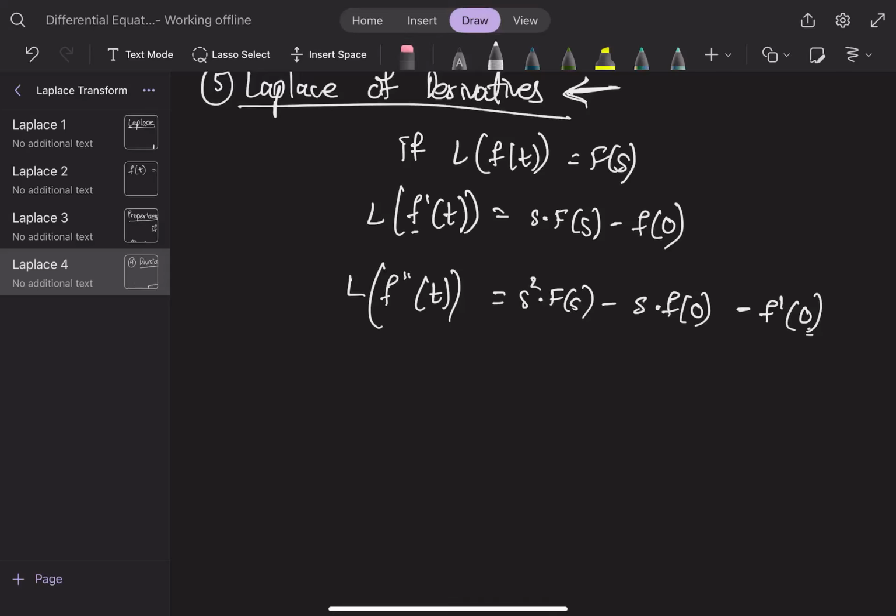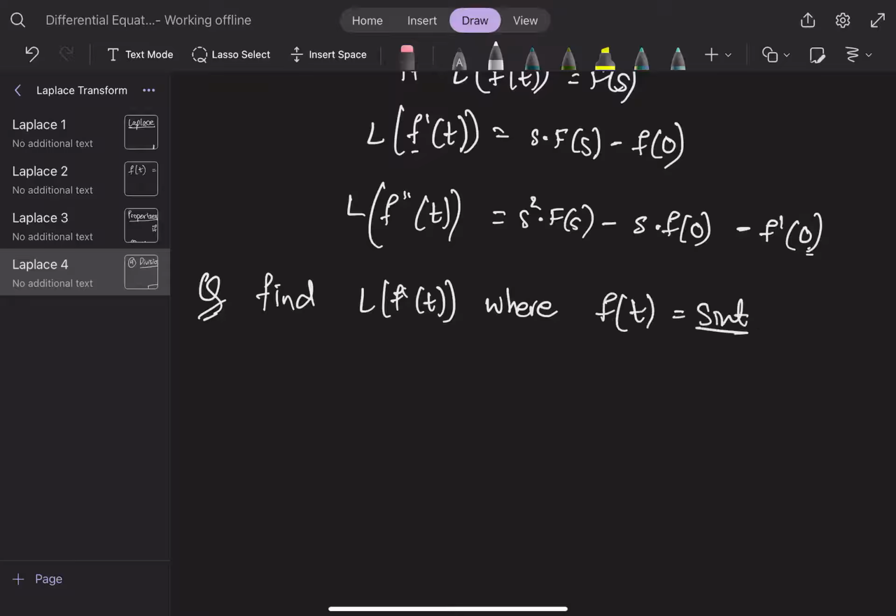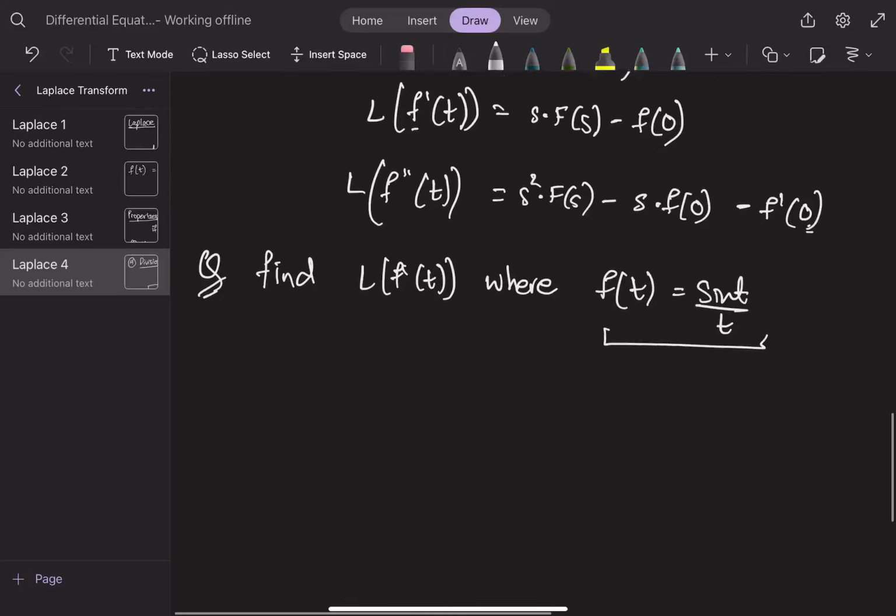So let's take an example. It says find Laplace of f dash (t), where f(t) is sine t upon t. So first you will need to find Laplace of f(t). So Laplace of f(t), that is sine t divided by t.